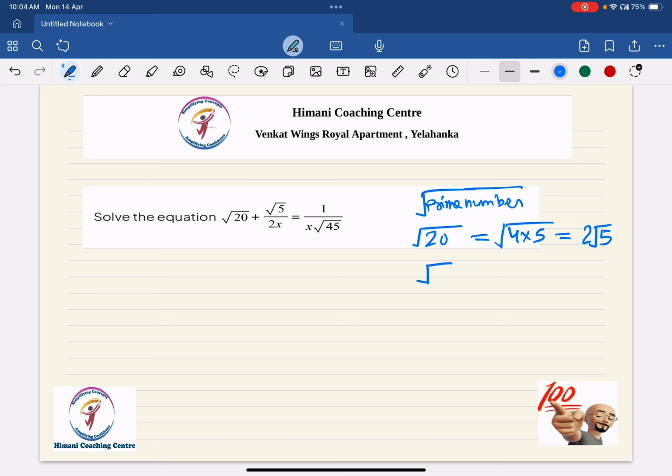Likewise, root 45 is 9 times 5, and hence it can be written as, let me rewrite this again, there was some problem with the pen, 9 times 5, which is 3 root 5.